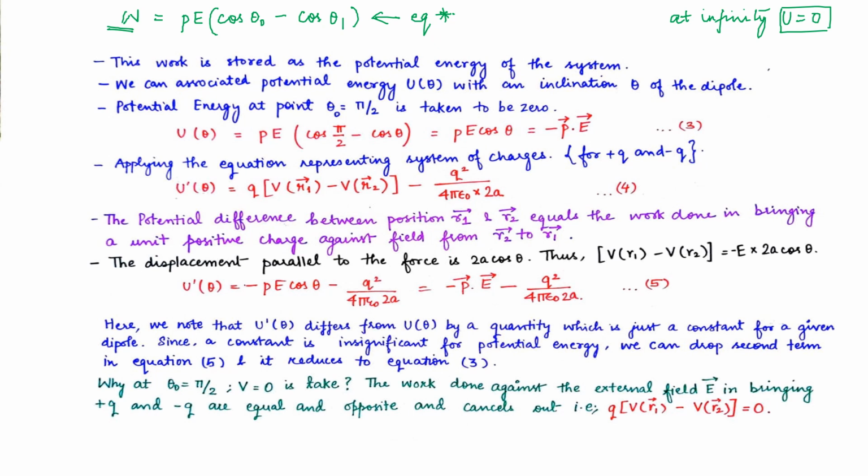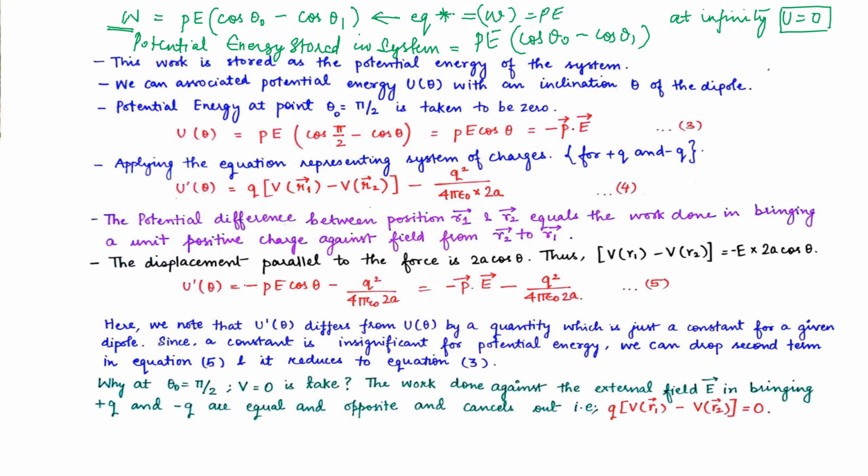So after defining work done, how can we define the potential energy stored in the system? The potential energy stored in the system can be defined as Pe (cos theta naught minus cos theta 1). The potential energy stored is equal to the work done.